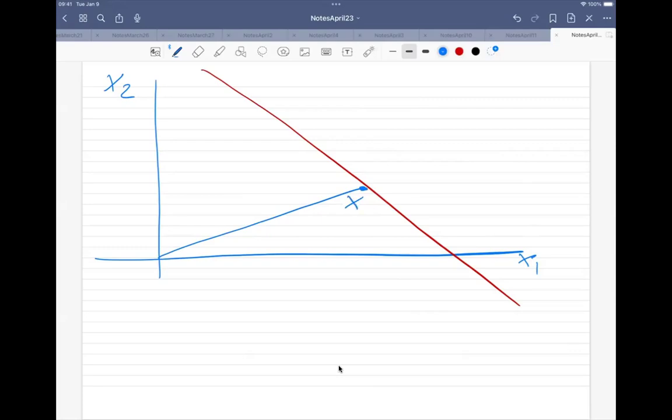And the reason why it's perpendicular is that for the vector w, in order to fulfill the condition that y tilde of x perpendicular is equal to 0 here, the vector w has to be orthogonal to the line. So that means the vector could now have a length. So this is my vector w.